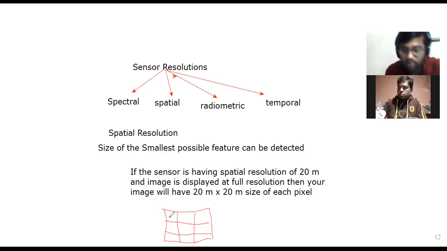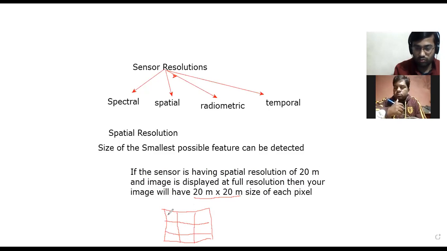So each square is representing 400 square meter area. 20 meter length, 20 meter height, both are the same, so this should be a square. The area of each square is 20 multiplied by 20, that is 400 square meter, if your sensor resolution is 20 meter.